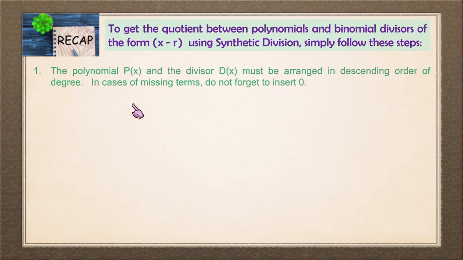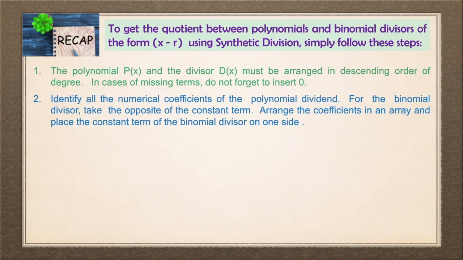In cases of missing terms, do not forget to insert 0. 2. Identify all the numerical coefficients of the polynomial dividend. For the binomial divisor, take the opposite of the constant term and arrange the coefficients in an array and place the constant term of the binomial divisor on one side.